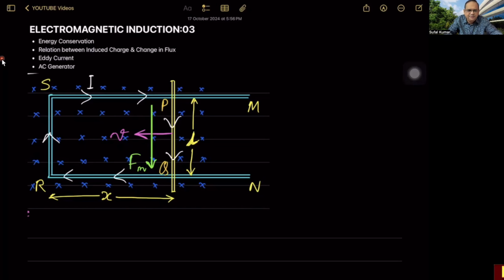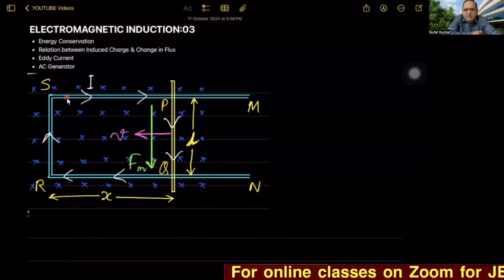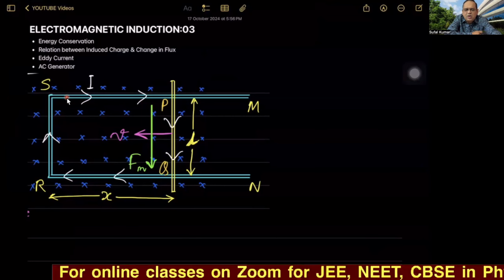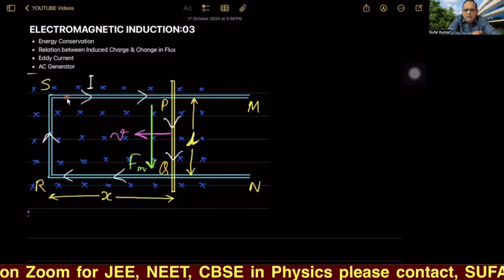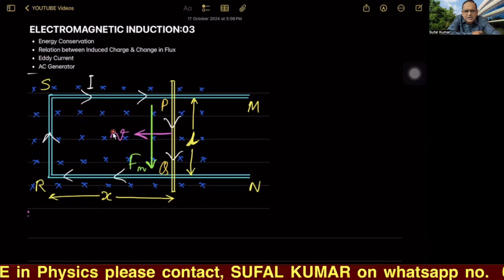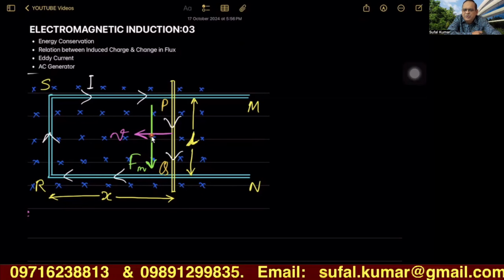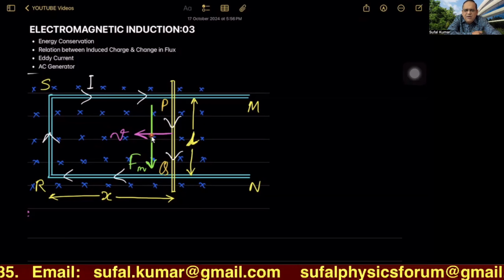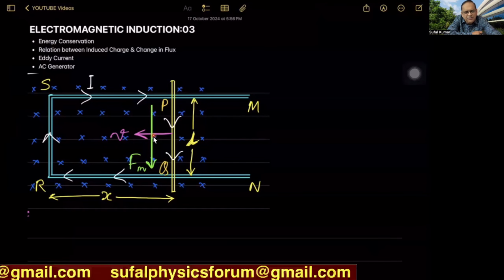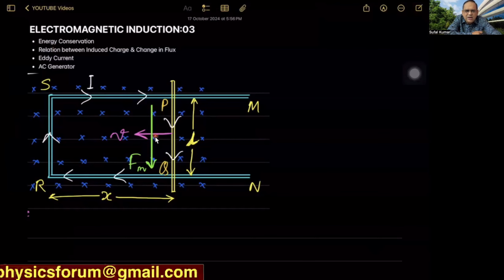Same diagram I'm repeating from motional EMF. Here previously, while talking about motional EMF, we didn't consider forces, but now magnetic force due to straight conductor, F is equal to ILB, we are to consider. How? Let's see.